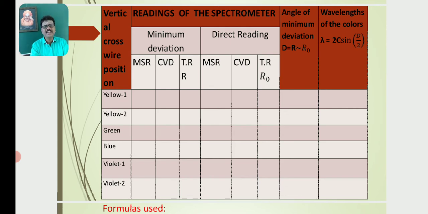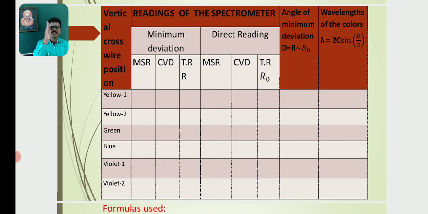For different colors, note the MSR and the CVD, then calculate the total reading. We know that R is equal to MSR plus CVD into LC. By knowing the values of MSR, CVD and LC and substituting in that expression, I calculate the total reading for different colors at the minimum deviation position. Then the next one is the direct reading.